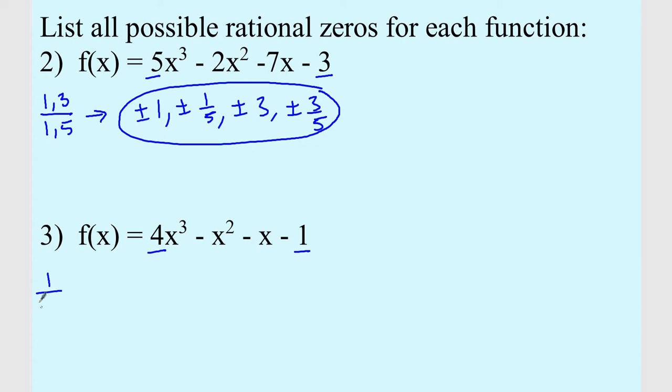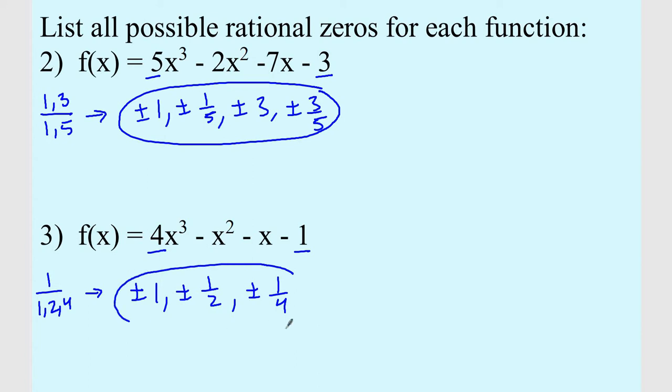Only one factor of 1, and factors of 4 are 1, 2, and 4. So our possible roots are positive 1, positive 1/2, positive 1/4. That's how we can list all the possibles. Now again, some lists might be crazy long, but it helps narrow things down.